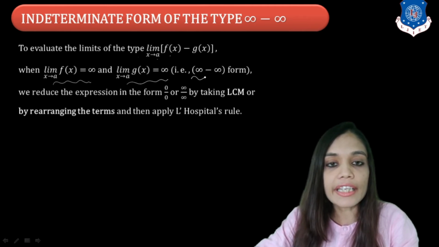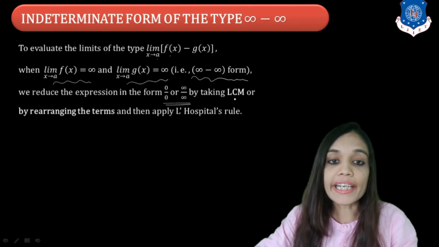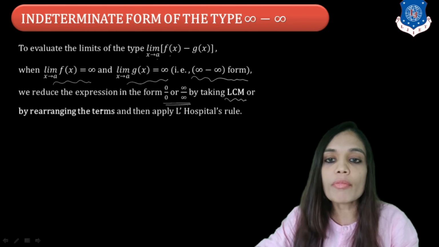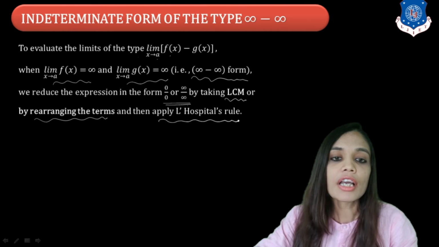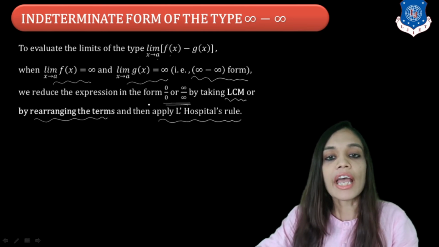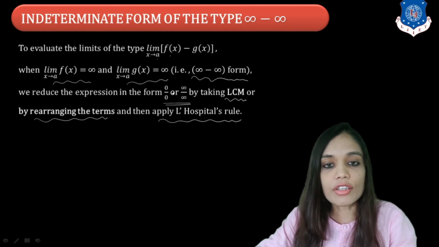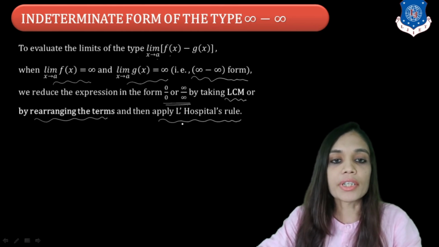That is, if we are getting infinity minus infinity form, we have to firstly reduce the given expression into 0 by 0 or infinity by infinity form by taking LCM or by rearranging the terms, and then only we can apply our L'Hopital's rule. So in this method, firstly we have to take LCM or rearrange the terms and convert it into 0 by 0 or infinity by infinity form and then apply our L'Hopital's rule.